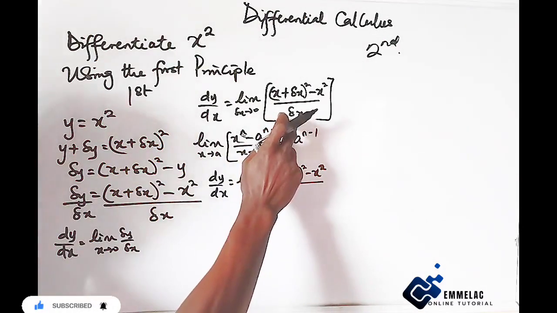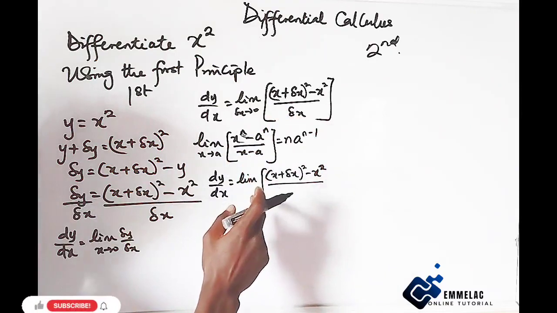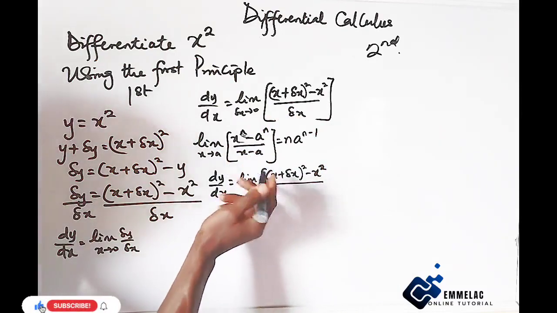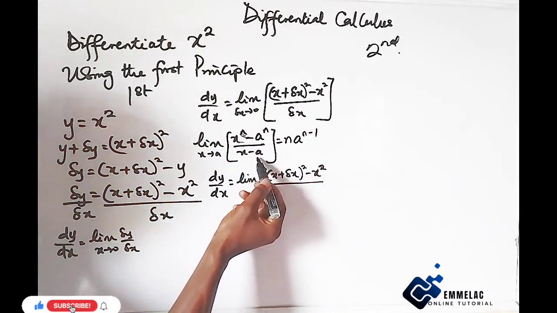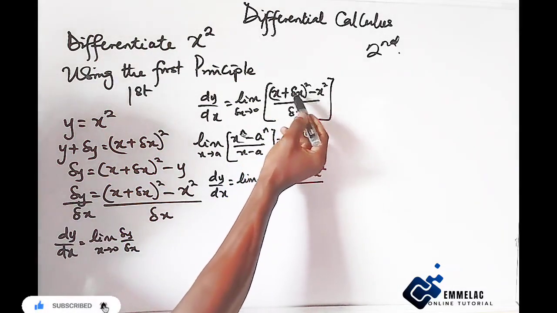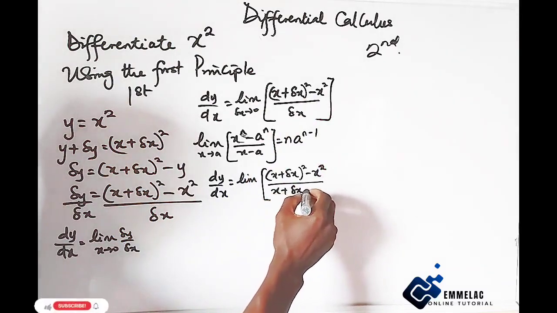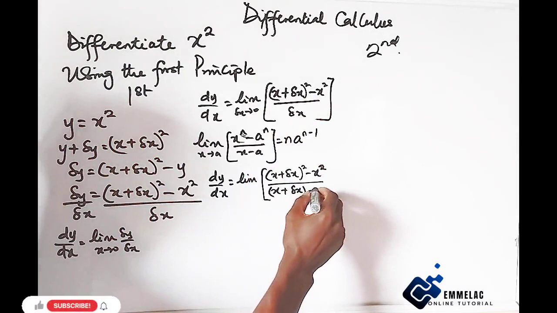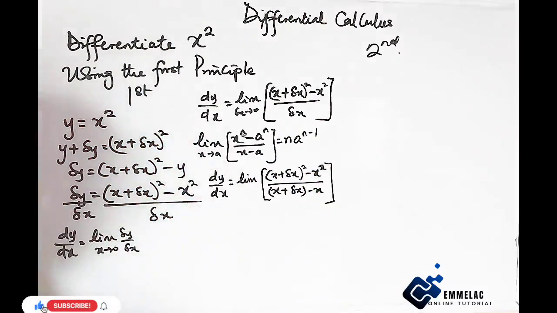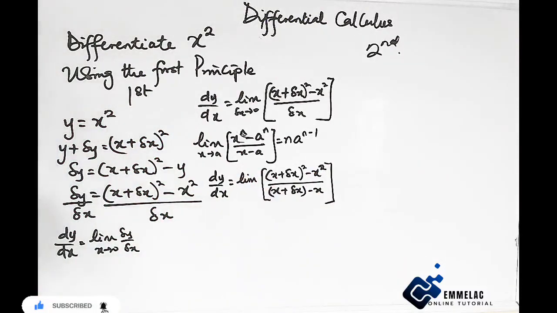For us to get change in x, and also correct it so that it corresponds to x minus a, the pattern that agrees with the numerator here, we can now say x plus change in x minus x. You can see it's now the same pattern as the theorem.